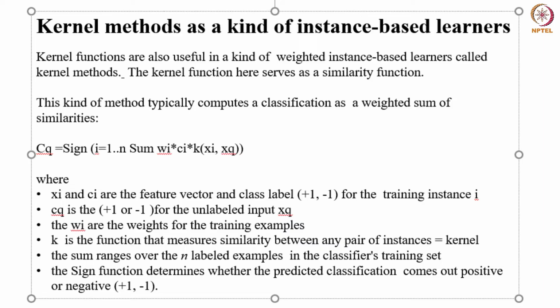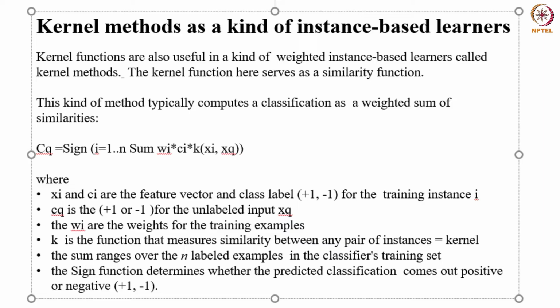xq. So in this approach, it is also assumed that there is a weight allocated to each training example, and that we have this function k that measures the similarity between any pair of instances. In this kind of approach, this function is called a kernel function.